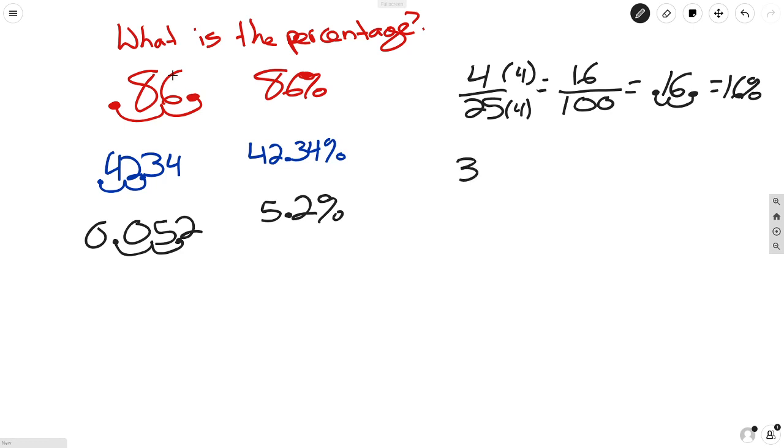There's another way to do this, though. Maybe you don't readily see a way to turn the denominator into 100. In this case, we could, but let's just pretend we didn't see that. So then all we would do here is divide.